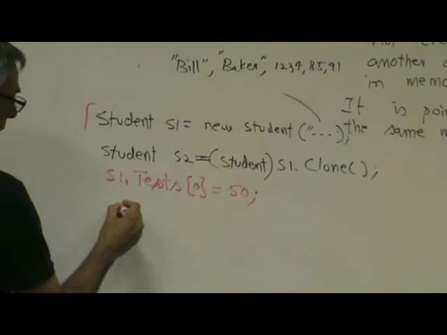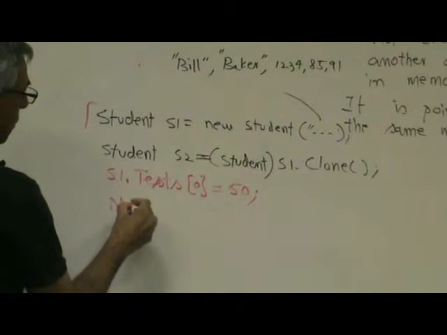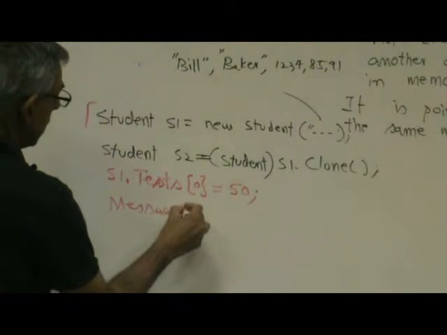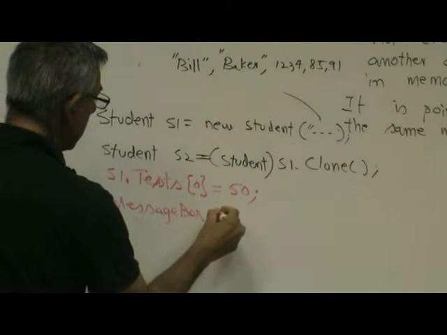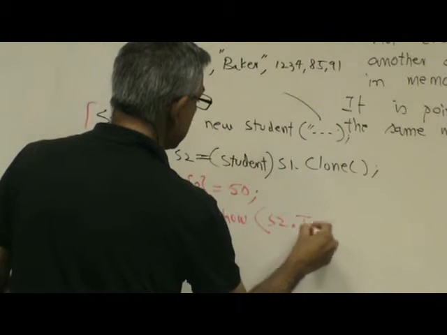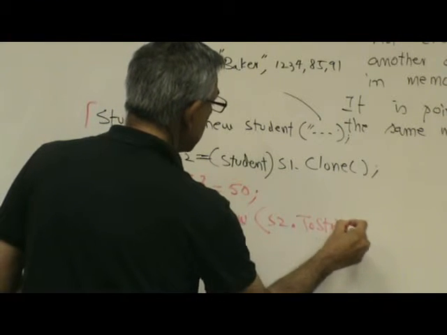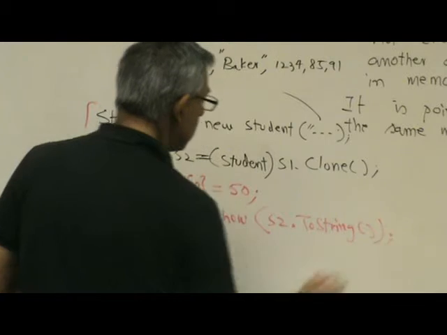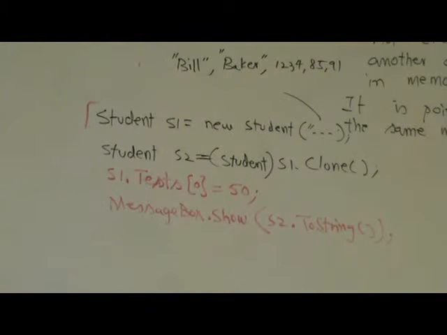And now we try to do messagebox.show s2.toString. So pretend we have already written the toString method, so we are printing whatever data is in s2. So can you tell me what data will it print for s2? 85. Original data. 50. Okay. Original data.